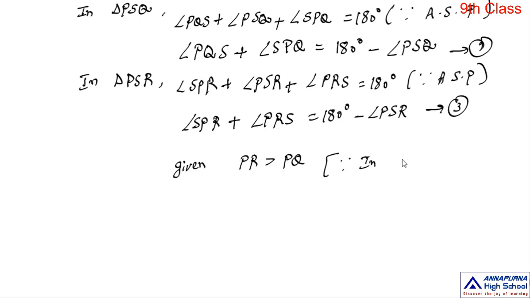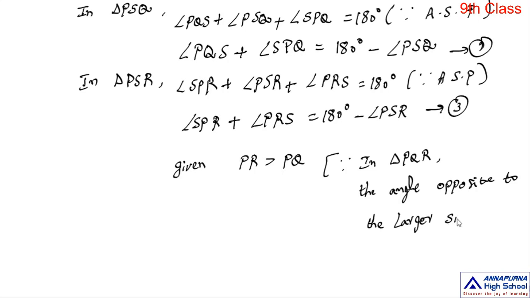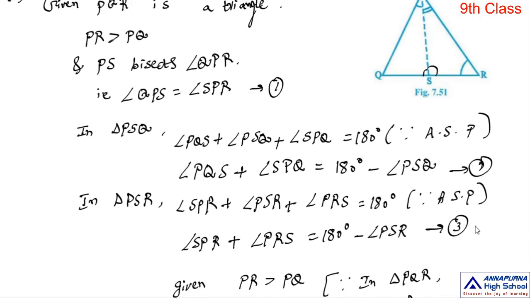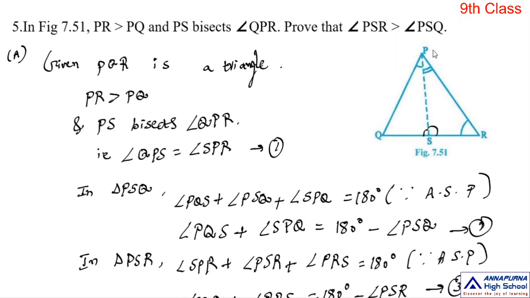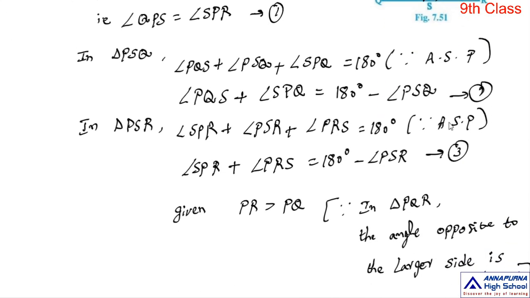Since in triangle PQR, the angle opposite to the larger side is larger, the angle opposite to the larger side PR is angle PQR.